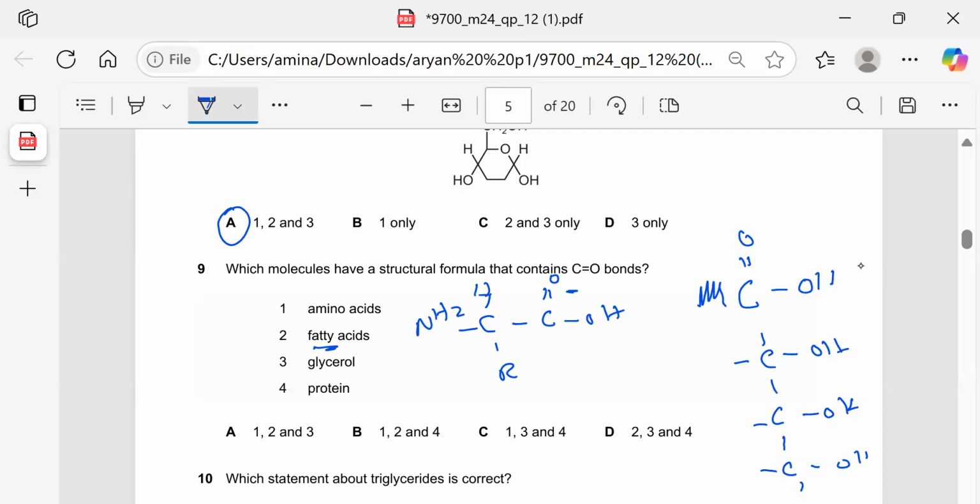So I found C double bond O in amino acid. I found C double bond O in fatty acid. And as protein is also made up of amino acid, I will find it in protein. So the choice will be 1, 2, 4, and the answer is going to be B. Okay.